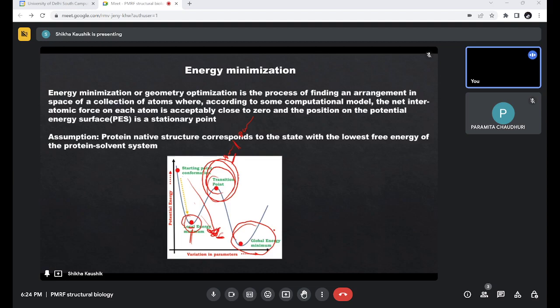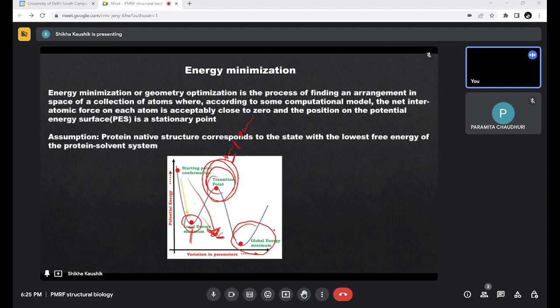Okay, but it generally follows the principle of Newtonian physics. Especially when we talk about protein movement, we follow Newtonian movement only, and our system follows Newton's laws of motion only.